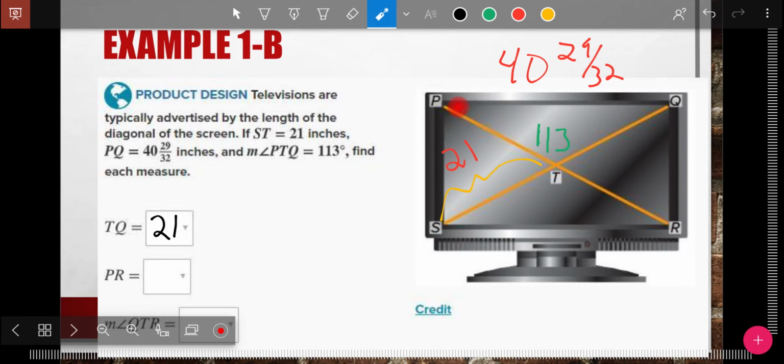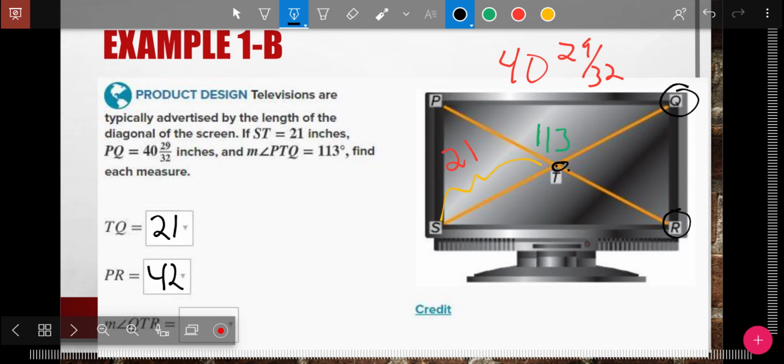PR is this diagonal, the whole thing. It's the same as the whole thing here. Well, that was 21, and we just wrote over here that this is 21, so the whole thing is 42. Then where is QTR?